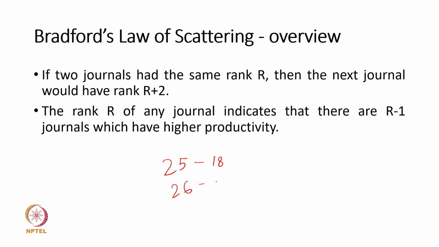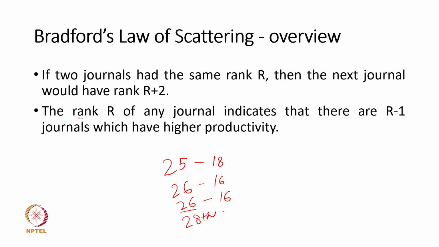At 26th rank we have a journal contributing 16 articles. Again at 26th rank we have a journal contributing the same number of articles. Hence the next ranking would be 28th instead of 27th.